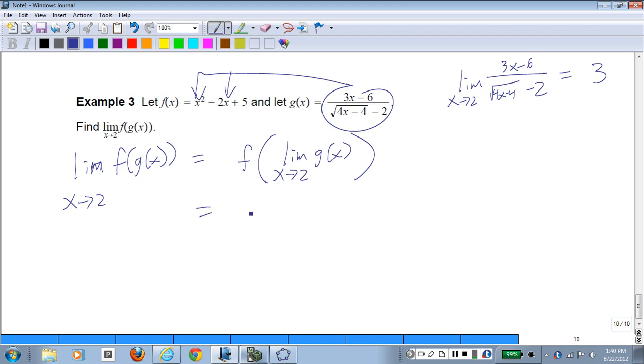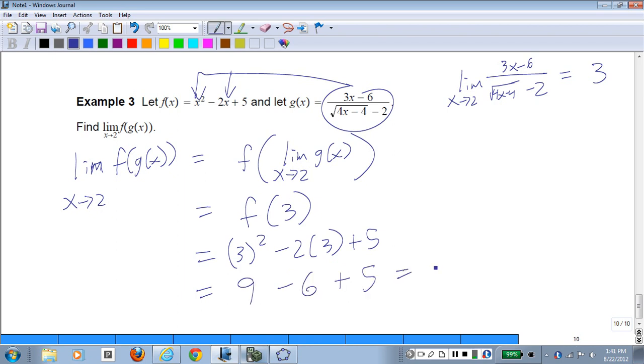And so it's f of 3, which is 3 squared minus 2 times 3 plus 5. 9 minus 6 plus 5, 3 plus 5, and it equals 8.